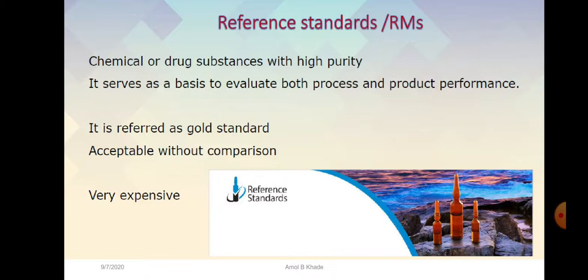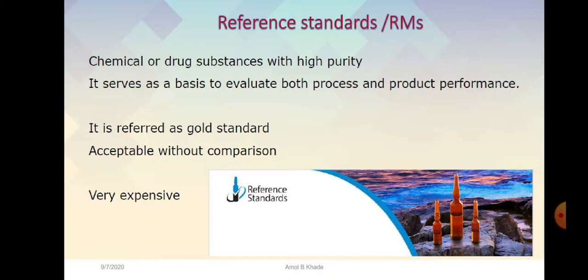Then next is reference standards, which are also called RMs in short. As the name indicates, they are considered as reference or standard substances. They usually have very high purity, almost 100% pure.